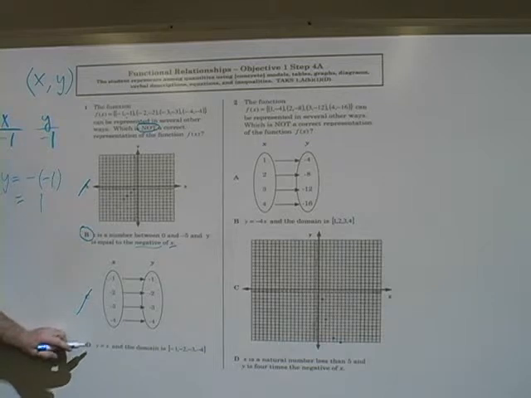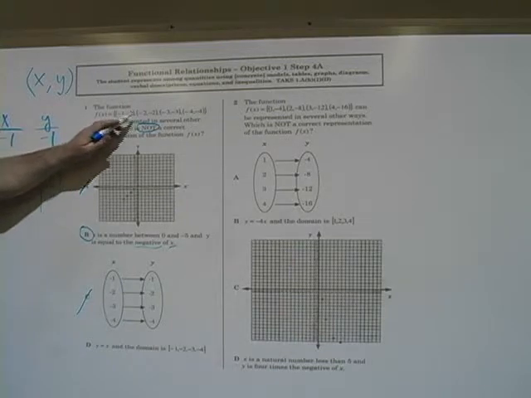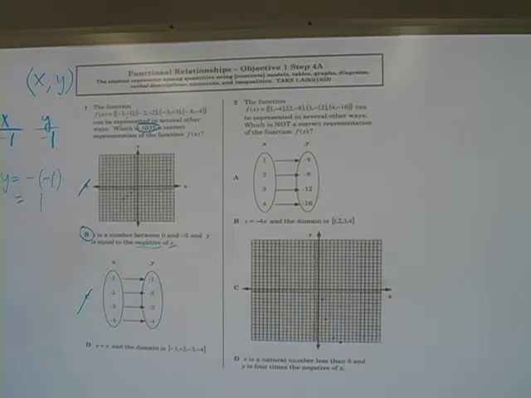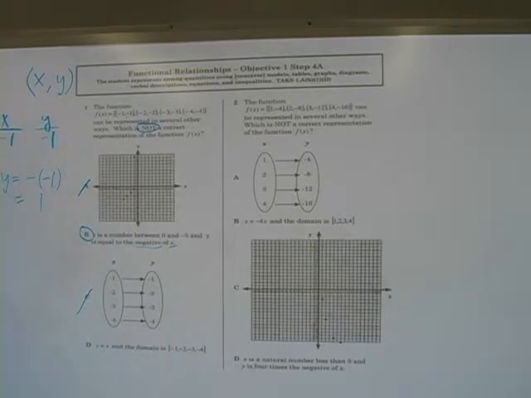And then down here you've got y equals x. Is that true? Yes. Y is equal to x on every one of those, isn't it? And the domain is -1 through -4. Do you all remember what the domain means? It's the set of what?